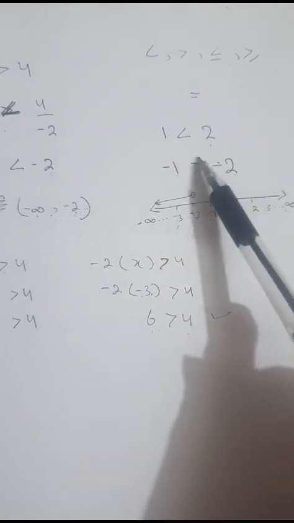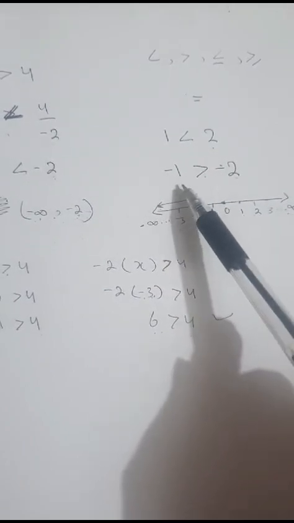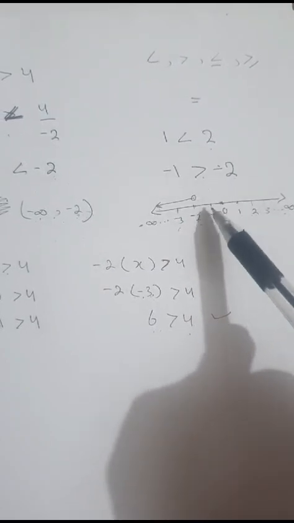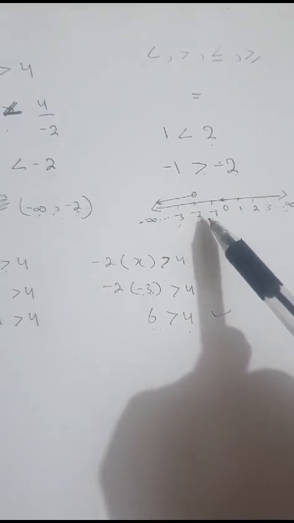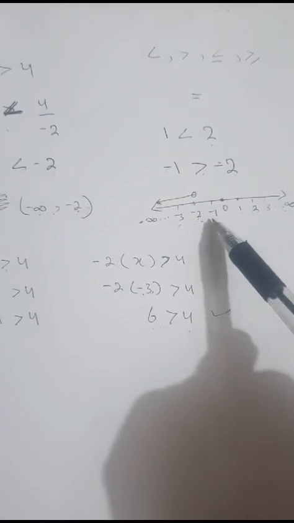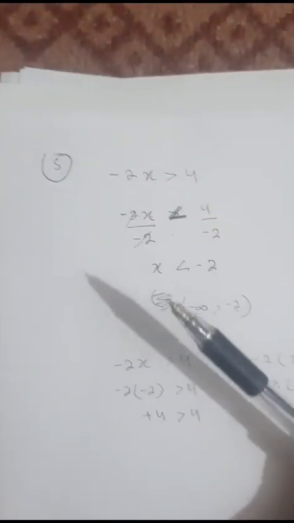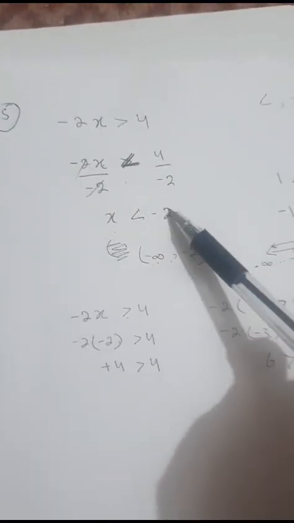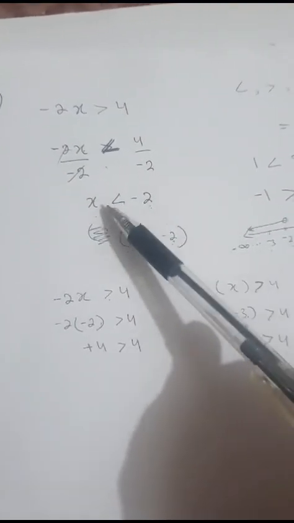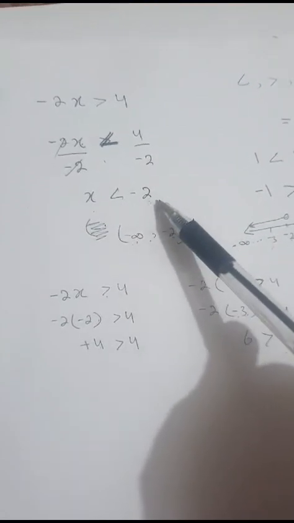When we multiply each side by negative, you can see why we reverse the sign: negative 2 is strictly less than negative 1. That's why we reverse the sign of the inequality whenever we multiply or divide by a negative number. So we get the solution: x is strictly less than negative 2.